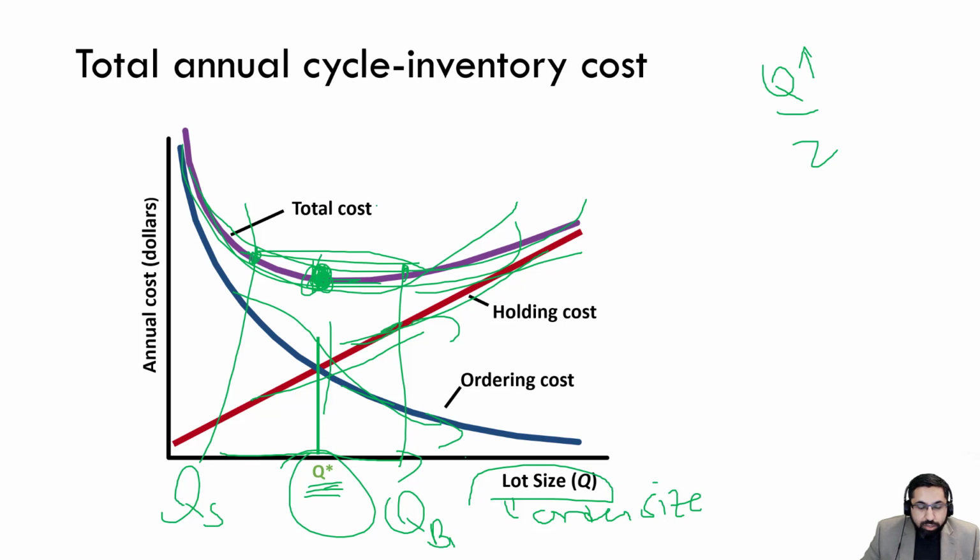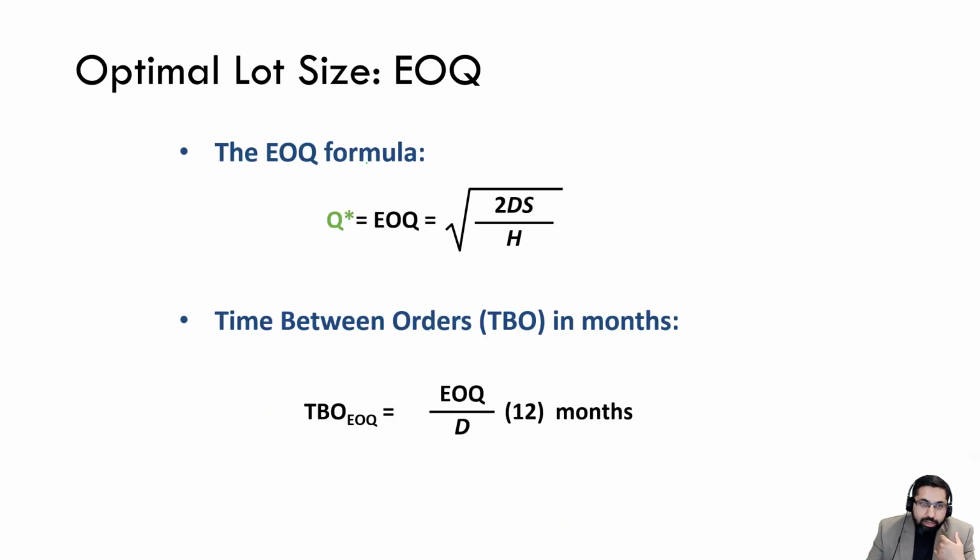So you don't have to worry about any calculus. We just have a simple formula to calculate Q star, and that formula is right here. Q star, also known as economic order quantity, or EOQ, is simply the square root of 2 multiplied by annual demand, capital D, in this topic capital D is always annual demand, times the ordering cost S divided by the unit holding cost.